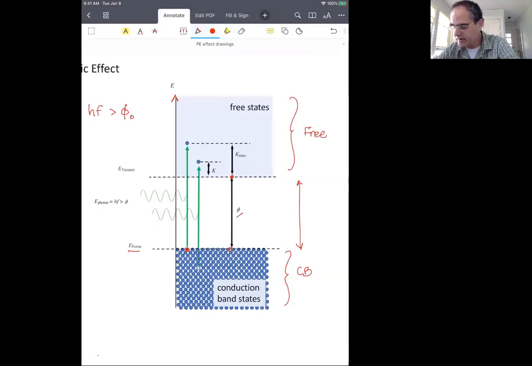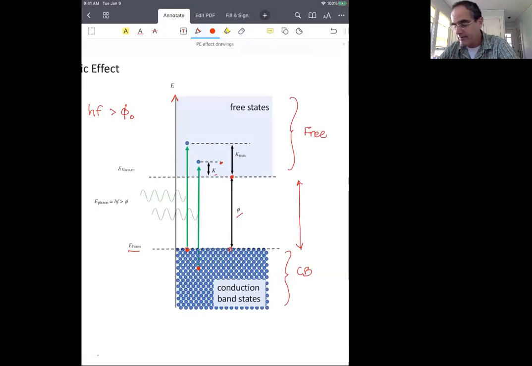Alternately, we could take an electron from one of the lower energy occupied states in the conduction band and promote it. And that might also give us an electron that has kinetic energy. But as you can see, its energy will be less than the first case. So its kinetic energy will be less than the kinetic energy of an electron excited from the highest energy state.